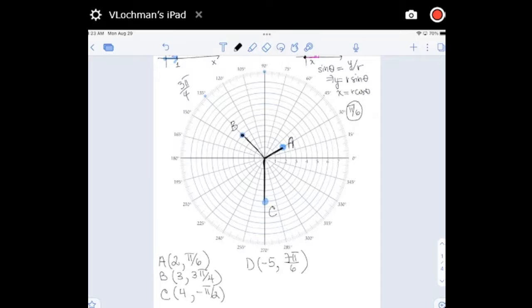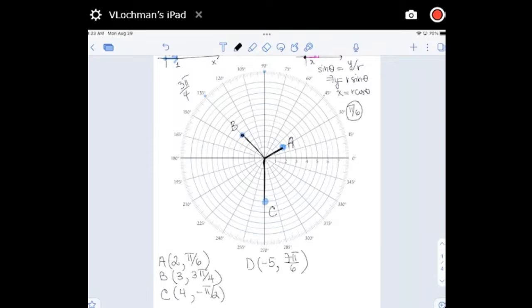How to graph this? This is actually pretty simple. We're going to pretend that there's no negative there for our r. There's just 5, 7 pi over 6. So 7 pi over 6, where is that? That's an angle in which quadrant? It's third quadrant, so it's 210 degrees.